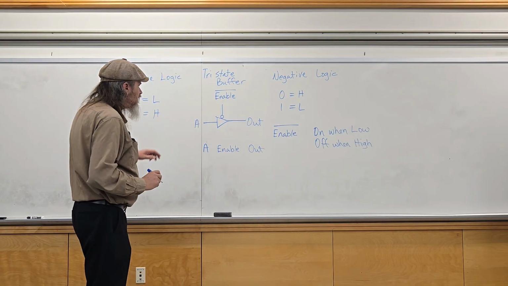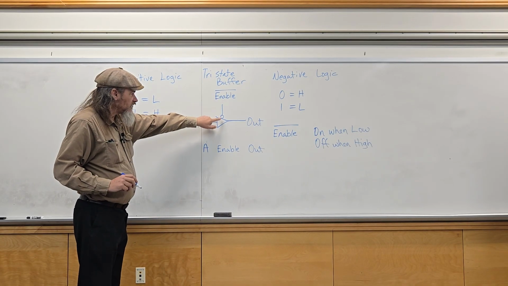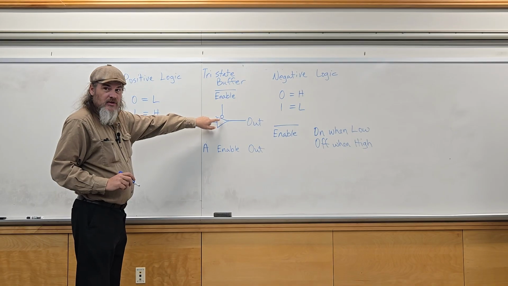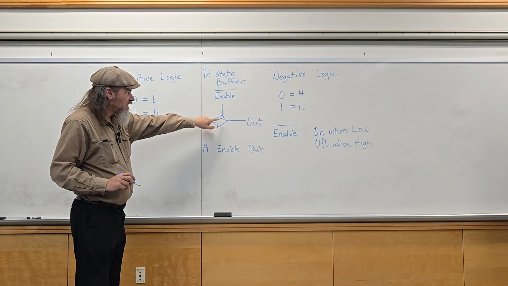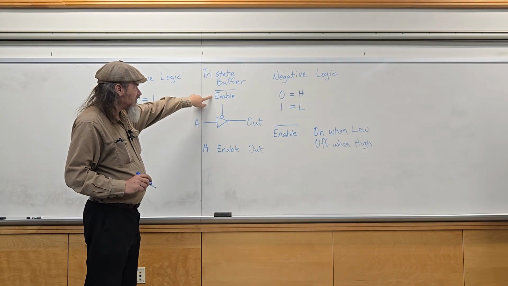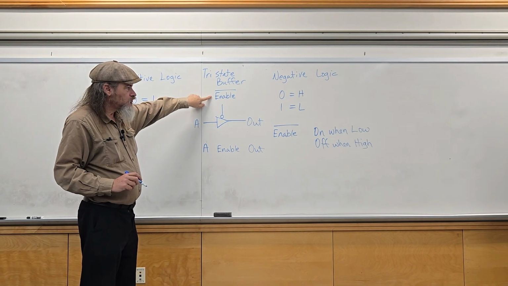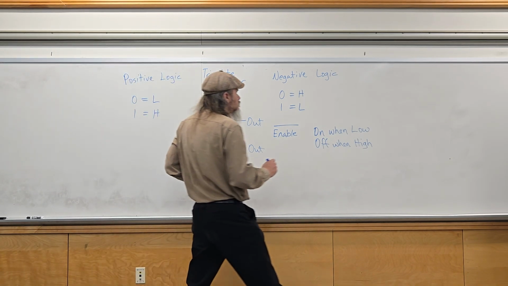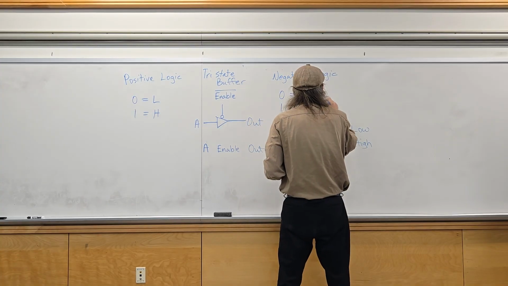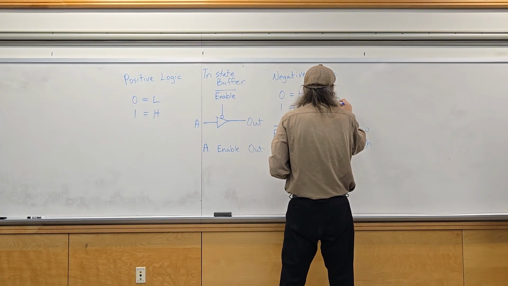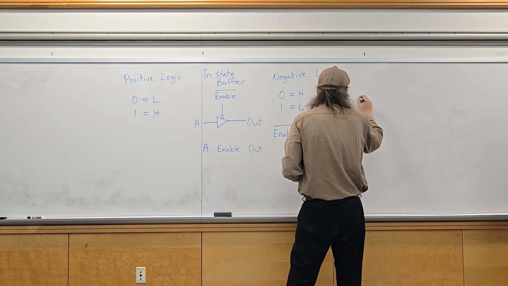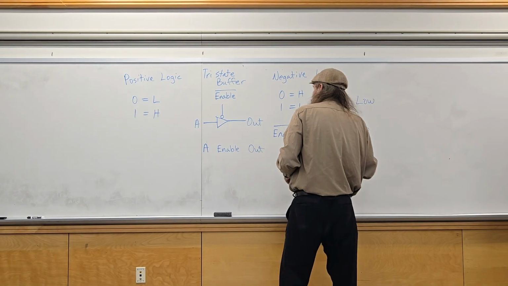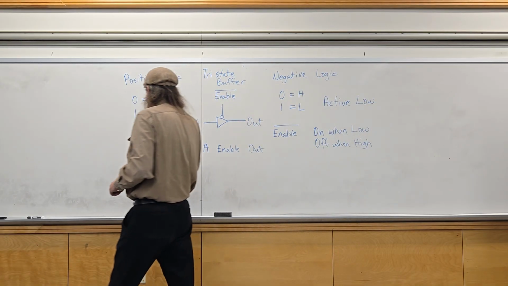You'll see a bubble on the input rather than on the output, which indicates that it is active low, as opposed to active high.